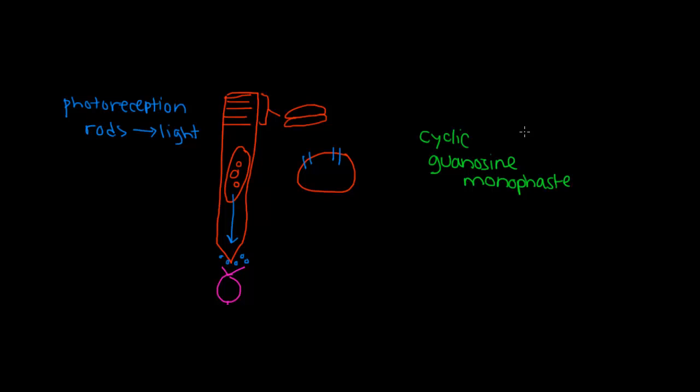This chemical, also known as cGMP or cyclic GMP, is an energy molecule. Much like AMP is a derivative of ATP, cyclic GMP is a derivative of GTP.